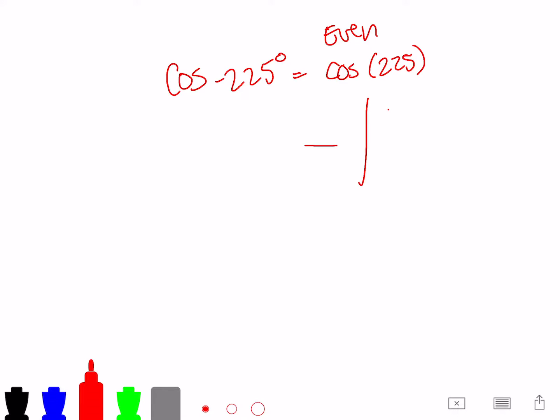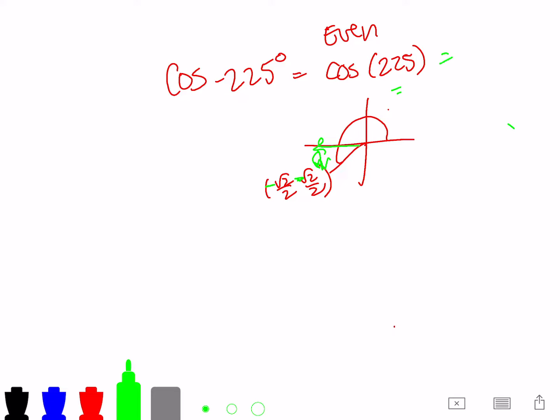So if we take the cosine of 225, 225 is in the third quadrant. The reference angle is 45 degrees. That's your middle finger. It goes down. You do root 2 over 2, root 2 over 2. We went left and down, so both are negative. We want the cosine. The cosine is the x value. The x value is negative root 2 over 2.